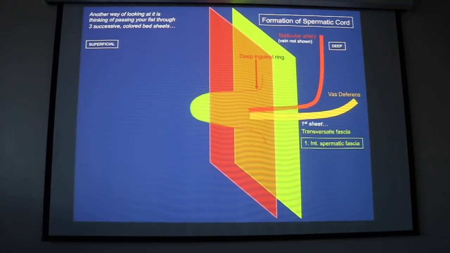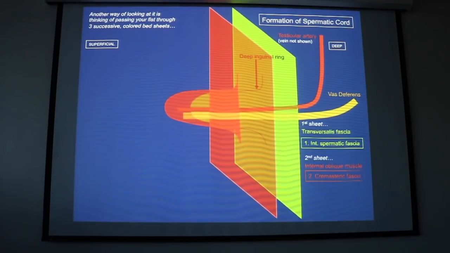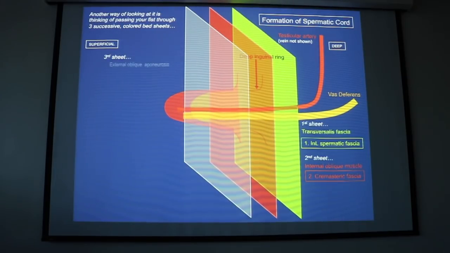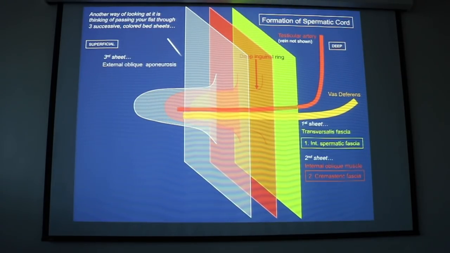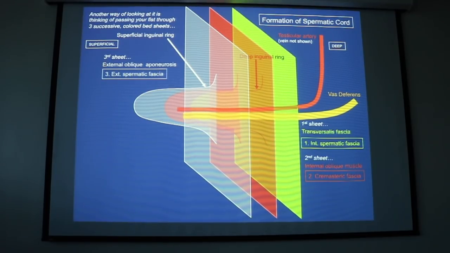It passes through the internal oblique, and that contributes here as the cremasteric fascia. And then when it reaches the external oblique, it drags the external spermatic fascia. And this is my superficial ring, and that's my deep ring, and this is the inguinal canal. Is this clear now? Yes.